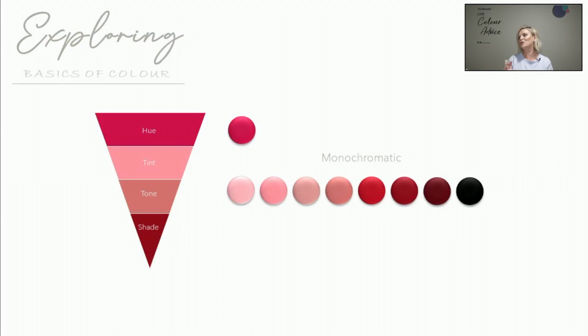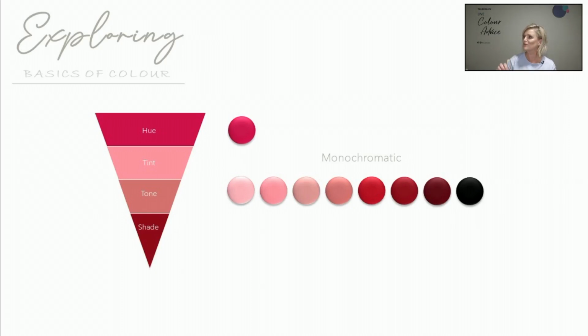Now I want to show you a really, really popular color scheme, and it works extremely well. It's what's known as a monochromatic color scheme. So again, it's using a pure color or a hue, as I've called it there, and then you've got your tint, tone, and shade, and we're starting to play around with the colors. For example, the first two circles on the screen next to the triangle, you've got two tints, so two variants, varying degrees of white.